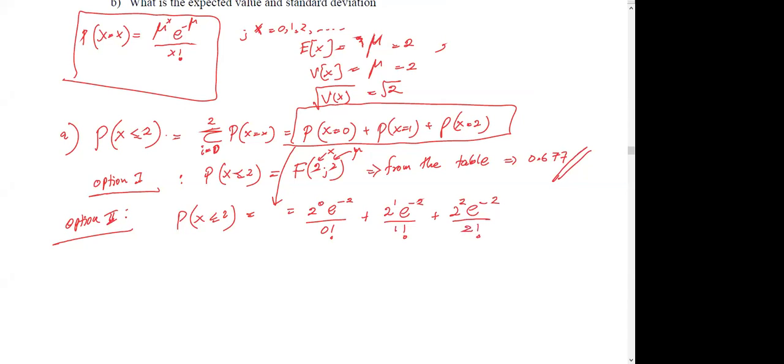Factorial 0 equals 1, so no problem with this denominator. Once you simplify this, you will get the same value. It doesn't matter which option you use, you get the same answer.